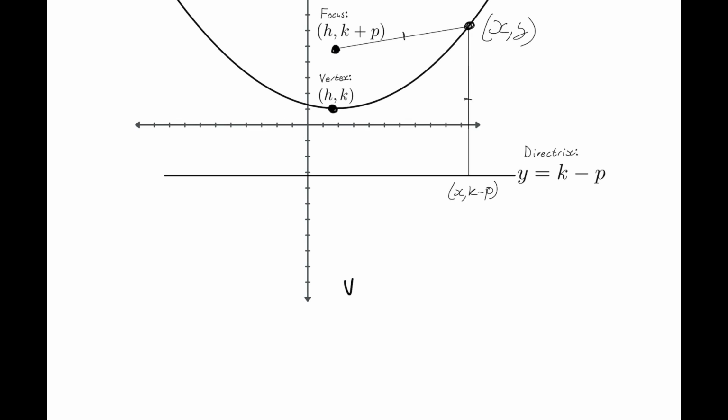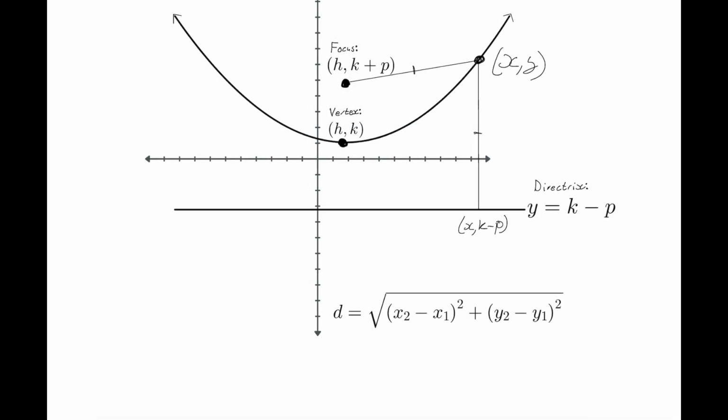So first we'll recall the distance formula is the square root of (x2 minus x1) squared plus (y2 minus y1) squared. So with that knowledge, we can set up a statement of equality.